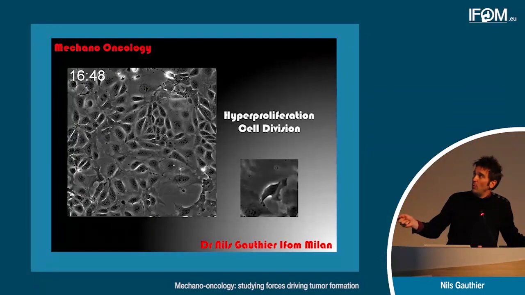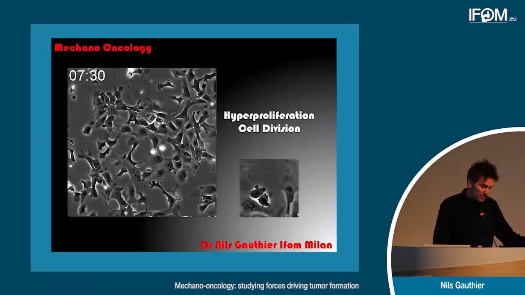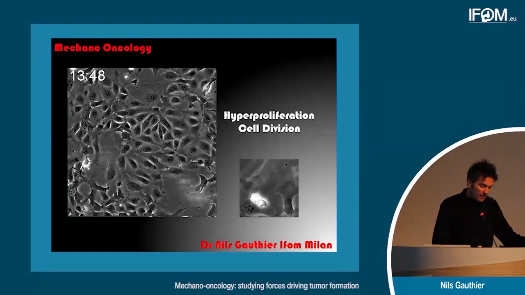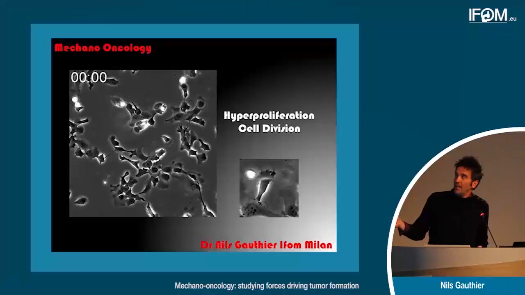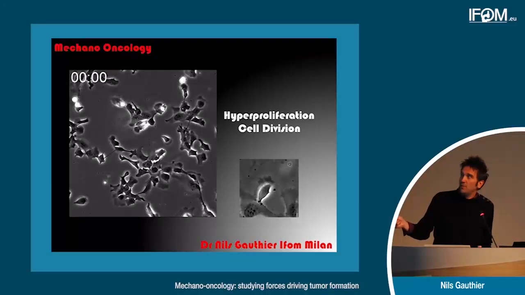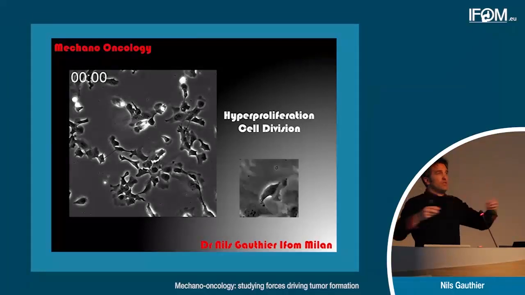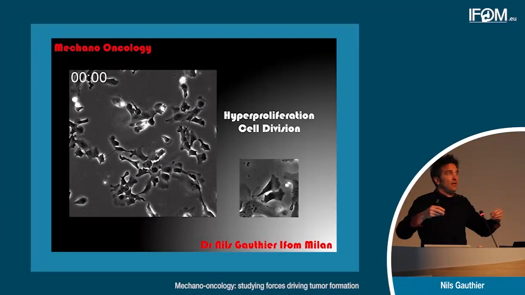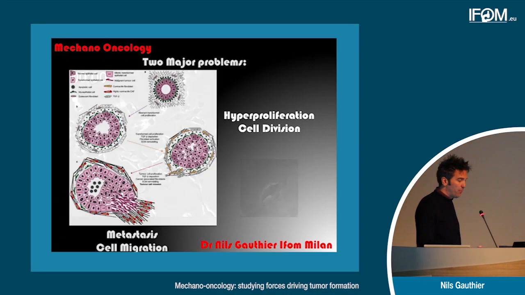On the right here, you have one cell that I picked in the field of view, and you're going to see exactly what I'm talking about. This movie is looping. You have one cell, and at one point, it divides, it makes two cells. And then you have one cell, two cells, the next step, 4 cells, and so on. It grows exponentially. That's the hyperproliferation.